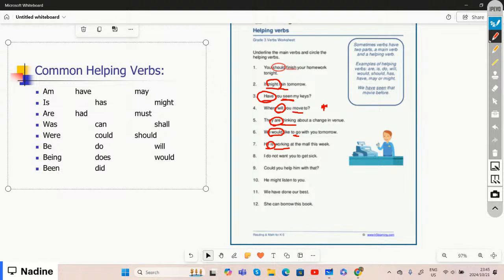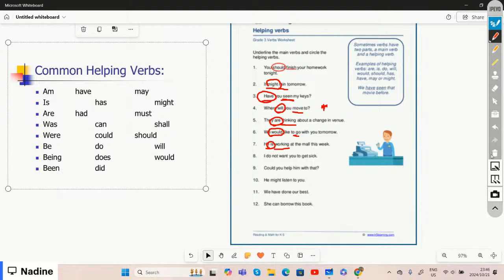And then we have the helping verb, which is there to help the main verb show the action. It comes before the verb, though not necessarily directly before it, and it helps the verb to show the action.